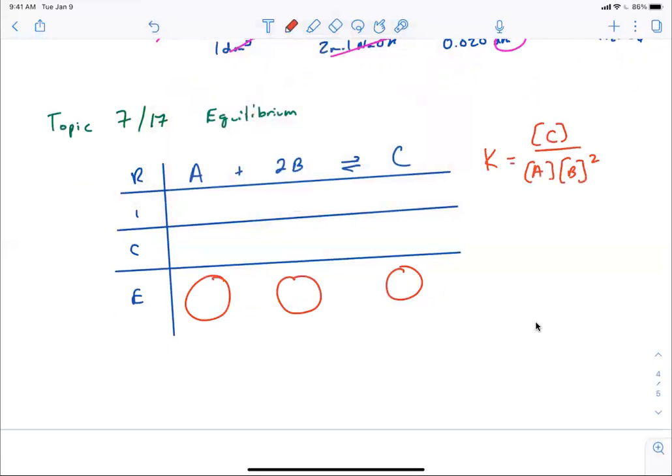So if I have values for everything, then I'm done, because I just need to plug those values into K. Now, if I have an initial value, and 0 here, and then I have one of the final values, like let's say this value, I can solve for these values because I know what this X is going to be. Because I can fill in the rest of the chart. If I have one final value and one initial value that I can solve for the change, I can fill in the rest of the chart, and then I can solve for K.